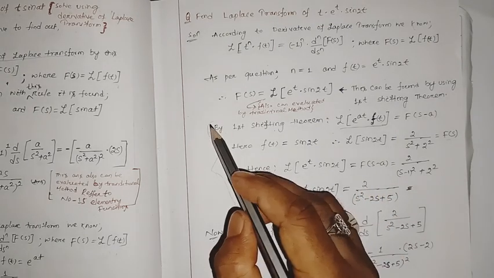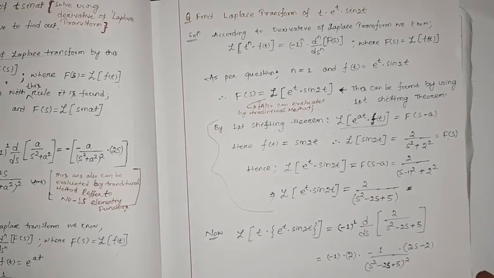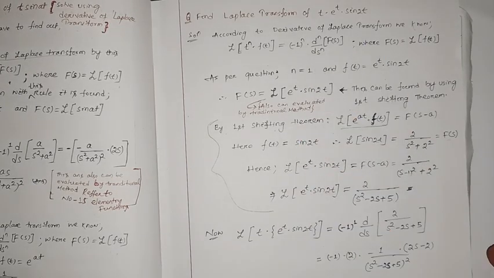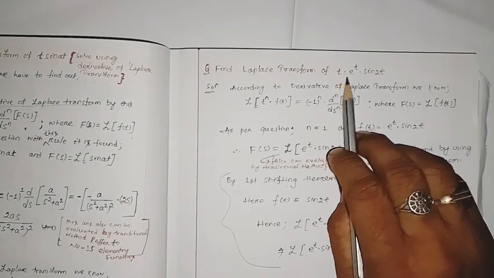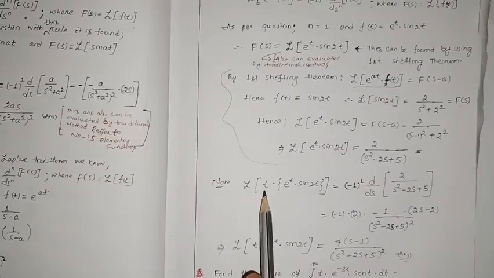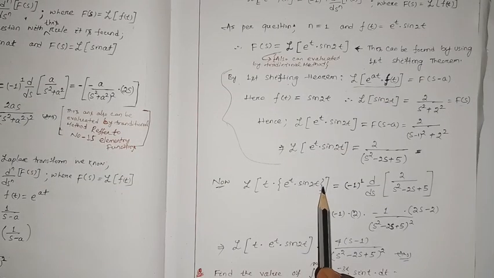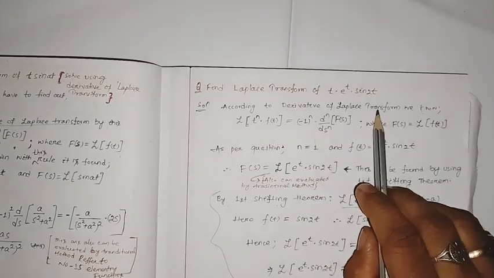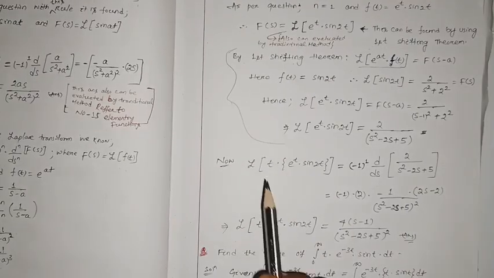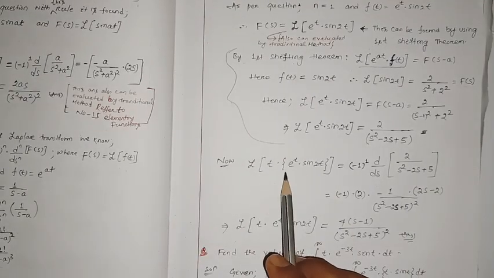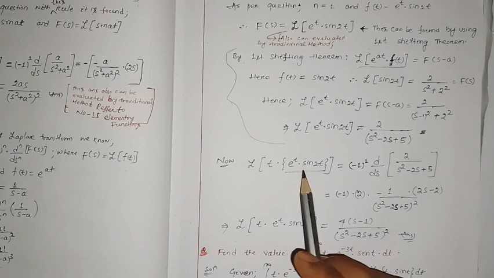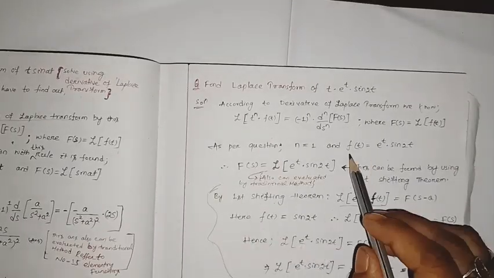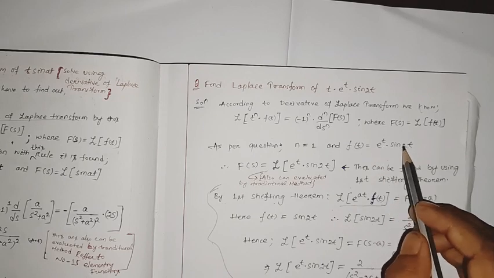Now we are going to go for our original question, whatever was given initially. The Laplace transform of t into e to the power t sine 2t. Here we are going to use the derivative of Laplace transform. Initially we considered f of t as e to the power t sine 2t.